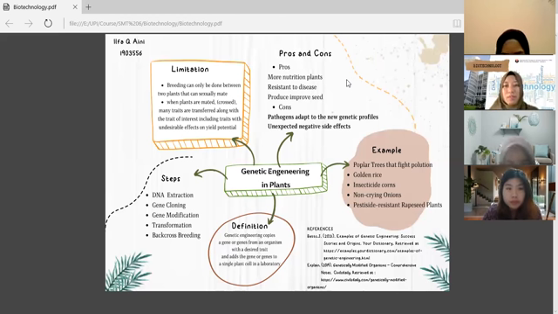Thank you, Miss Ilfa, for the great presentation related to genetic engineering in plants. I would like to clarify about the steps in here. Number 3, the step is gene modification. When we relate it with the example, I see here the example number 1 is golden rice. May you explain more what the modification in the gene is?